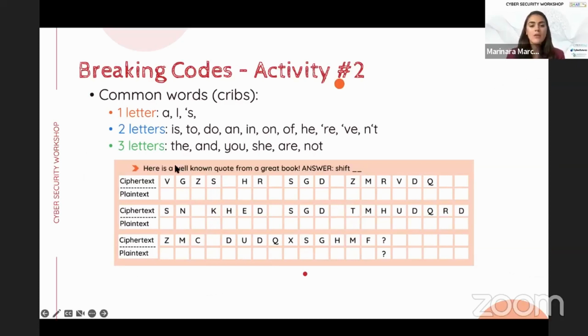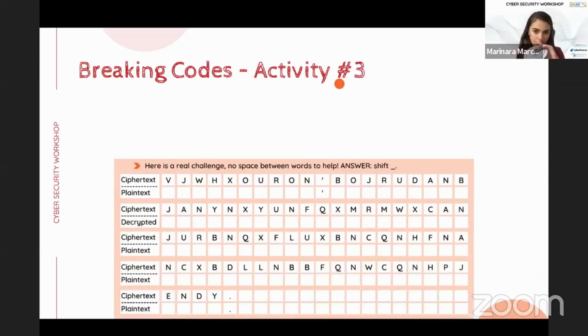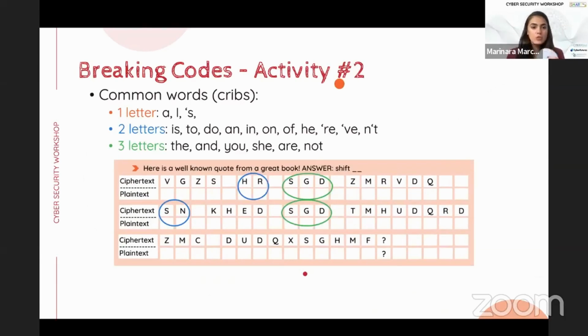We see we have a few short words. We don't have a one-letter word like in the last example, but we do have two-letter words, and we have a three-letter word that appears twice. So with this one, we can use the same idea.